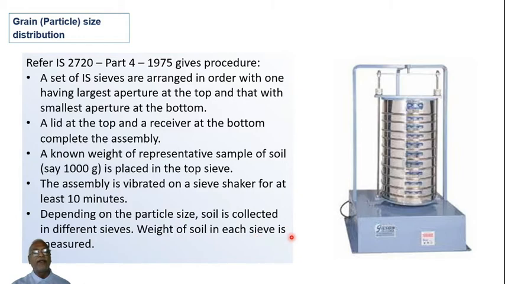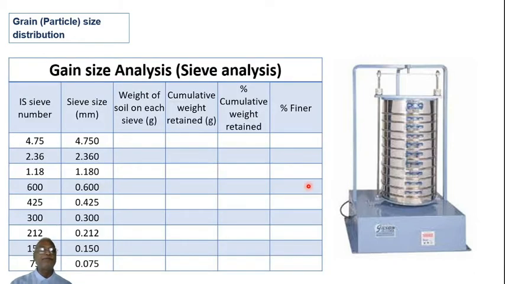Weight of soil in each sieve is measured. Obviously, the soil passes through depending upon its size, and some part may end up in the receiver also. You have to take the mass of soil in each sieve, and with that we'll see what to do in the next slide.